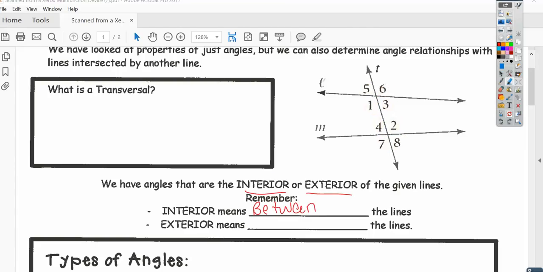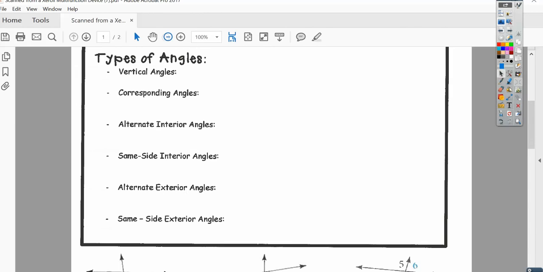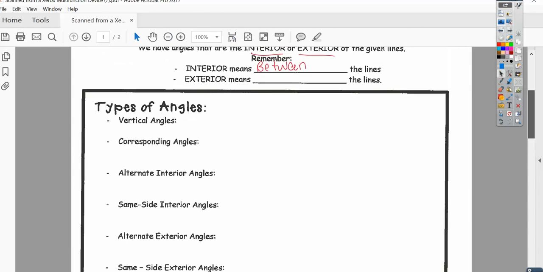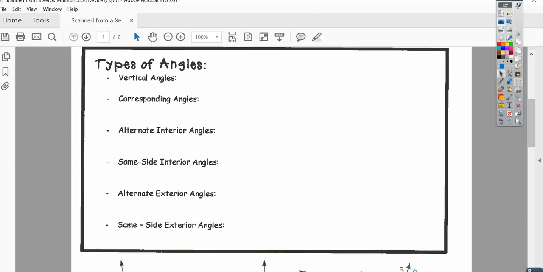Okay? So if I erase and I scroll, if I can use the right tools, we have a bunch of different angle relationships that we have to talk about. So go ahead and highlight your title. Highlight your border here.